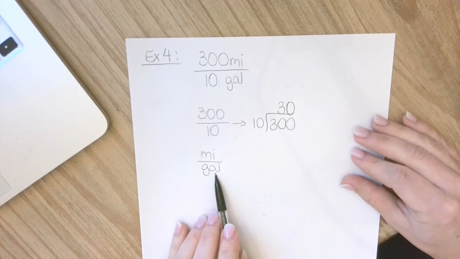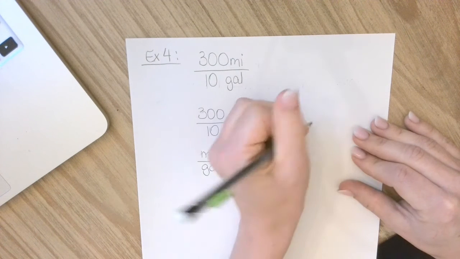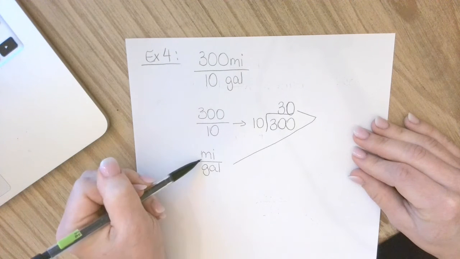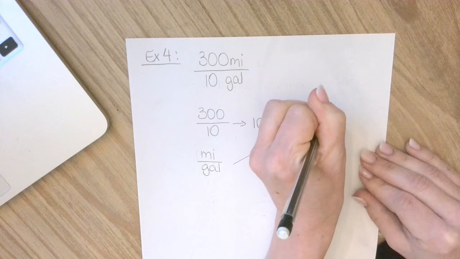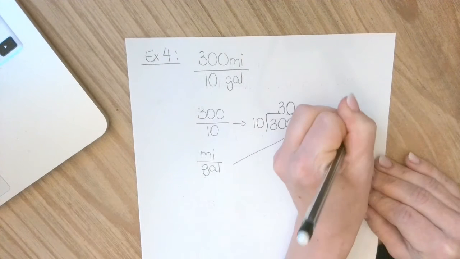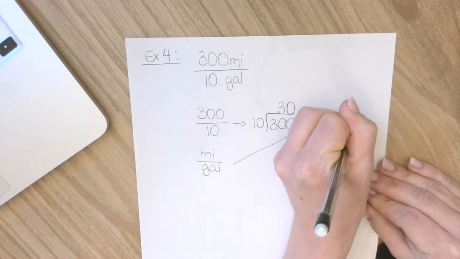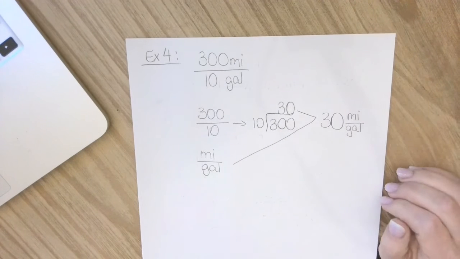So guess what? I get to just leave my answer as that. So I'm going to combine the 30 and then just my unit, because I'm actually going to leave both units here. So my answer would be written like this: 30 miles over gallons.